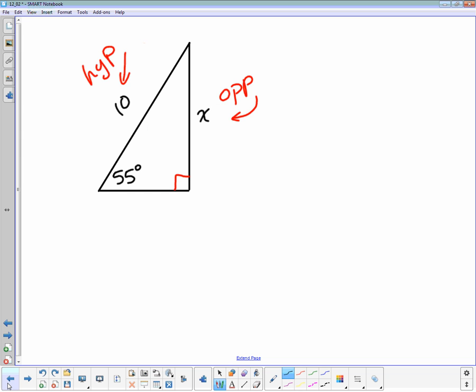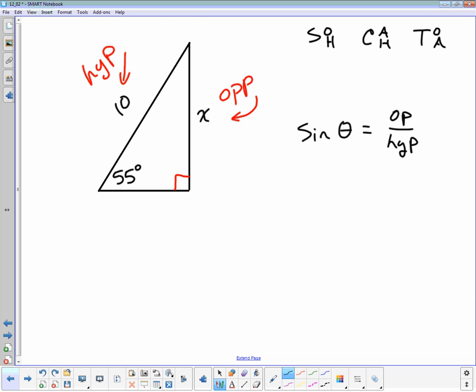Now, which one of these 3 do I need, because I have a hypotenuse and an opposite? Sohcahtoa, so it's the sine, right? Sine of theta is opposite over hypotenuse.